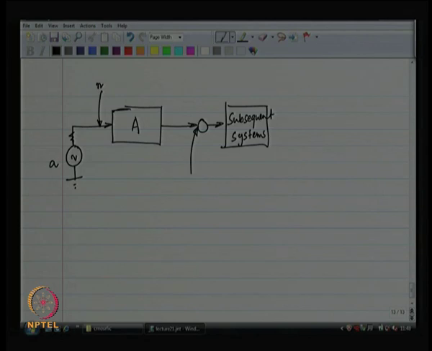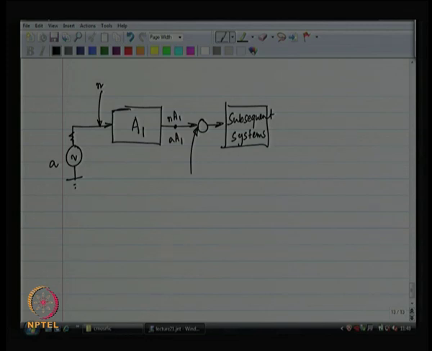So, you have got a signal to noise ratio of a by n at the input of the first stage. Okay. Now, what happens is you have a gain of the first stage. So, let us call this A1, right. This gain applies to both the signal as well as the noise. So, you get A times A1, you also get n times A1. So, the noise is already amplified by the first stage.